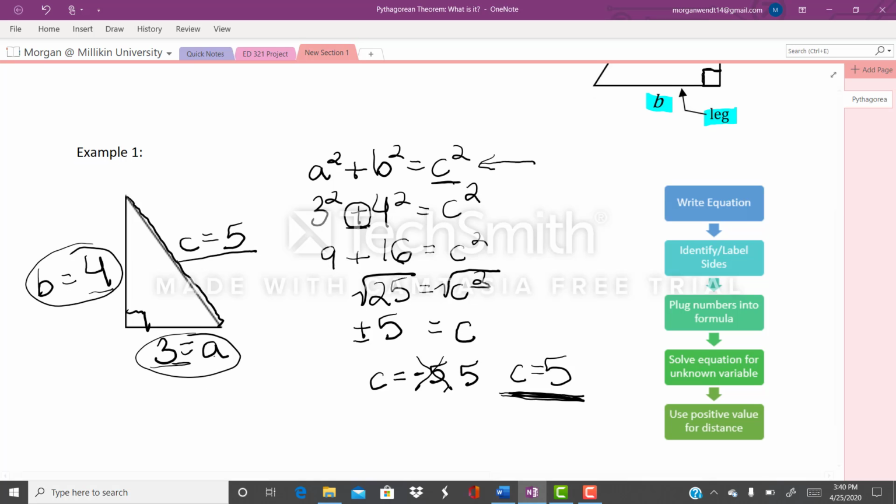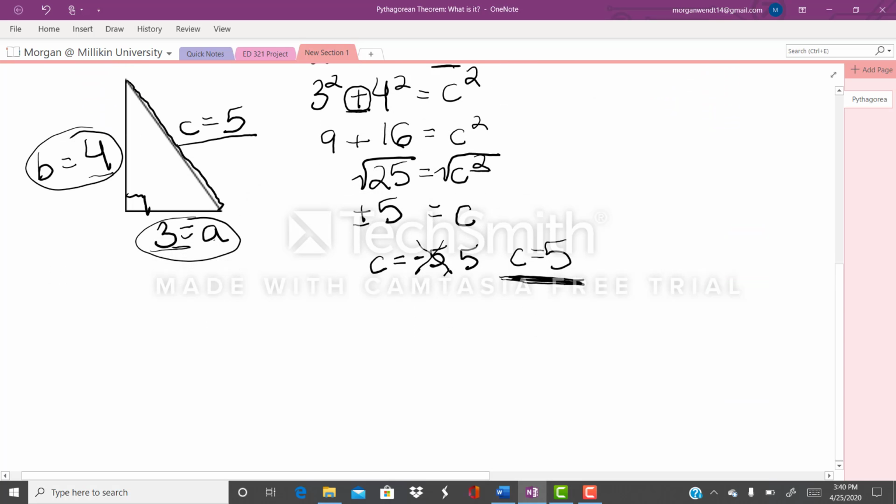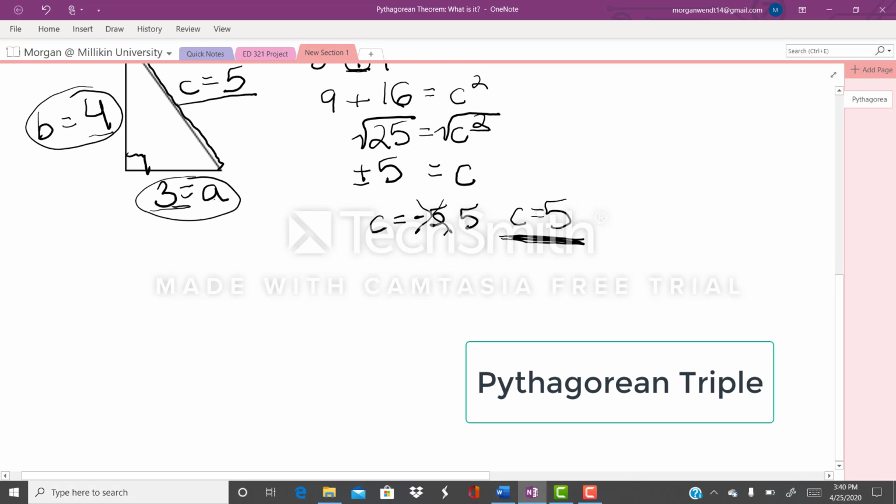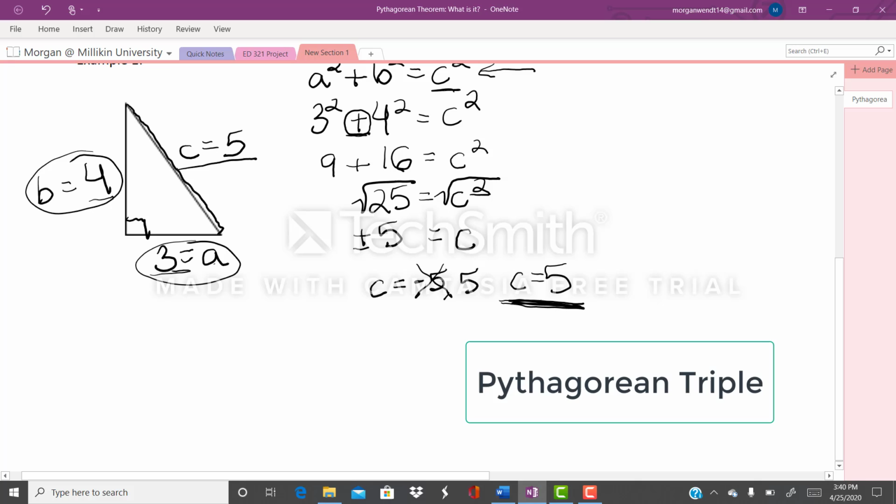Before I let you go, there is one other thing I want to point out to you, and it's the term called a Pythagorean triple. A Pythagorean triple is when all 3 sides of a right triangle are whole numbers. What that means is when we look at this example we did, side A was 3, side B was 4, and our hypotenuse, side C, was 5.